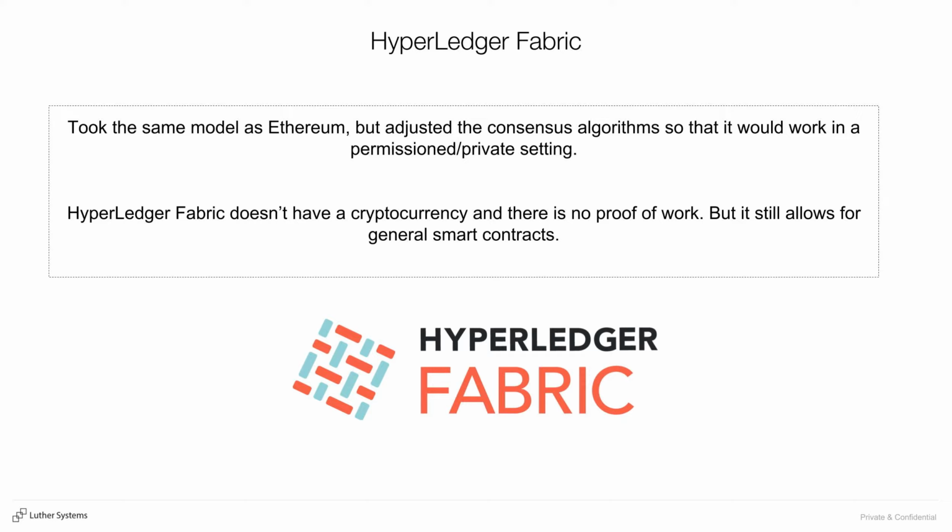But the inspiration of a general platform for smart contracts, where you can write regular computer programs that validate transactions, Hyperledger Fabric has adopted from Ethereum, applied in this permissioned setting.